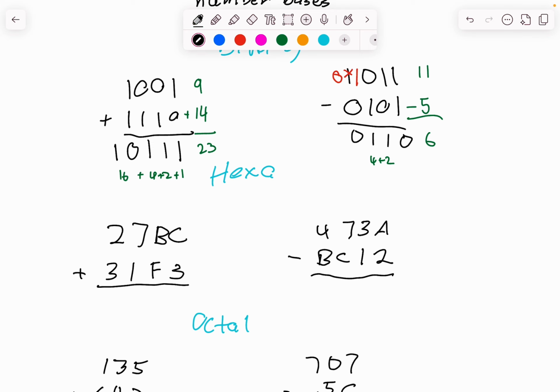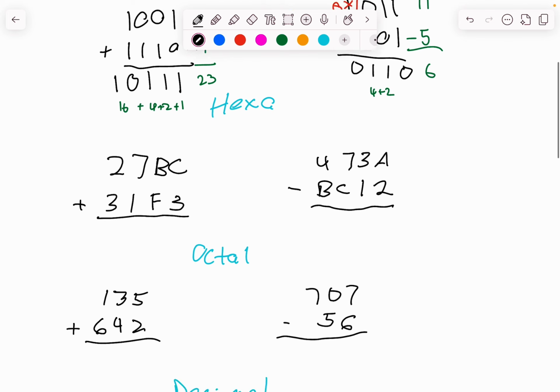Hexadecimal is a little bit more complicated. You have to convert your letter values into their appropriate numbers. We know that C is 12, and 12 plus 3 is 15, which is F. B plus F: B is 11, F is 15, which equals 26.